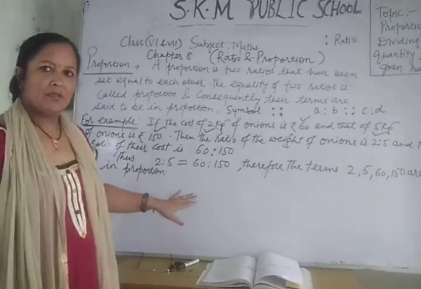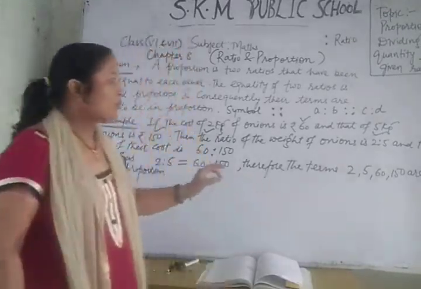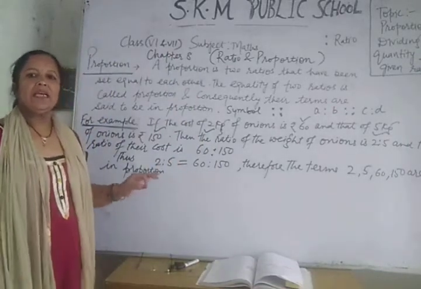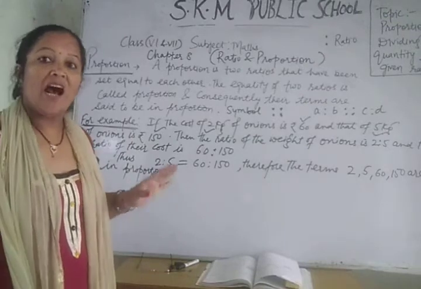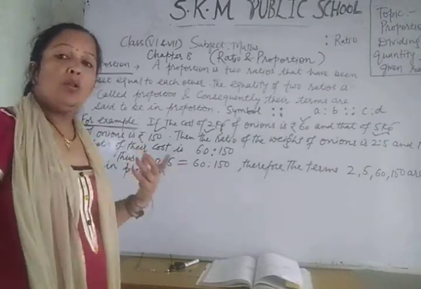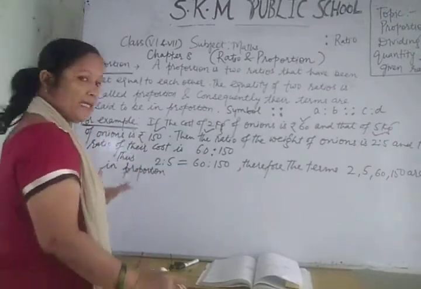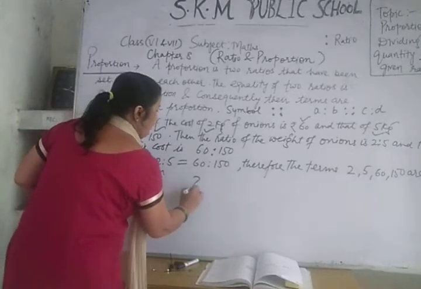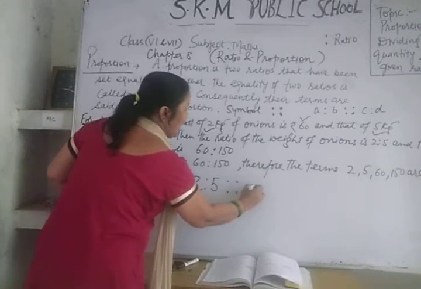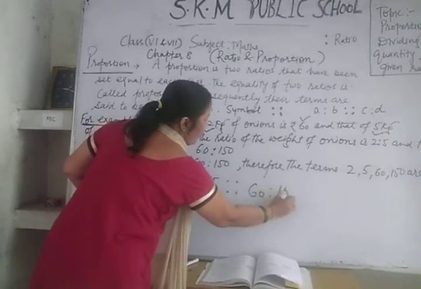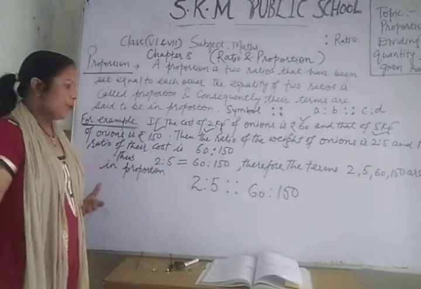Therefore the terms 2, 5, 60 and 150 are in proportion. How are they in proportion? Let's find out. 2:5 is in proportion to 60:150. This is in kg and this is in rupees.